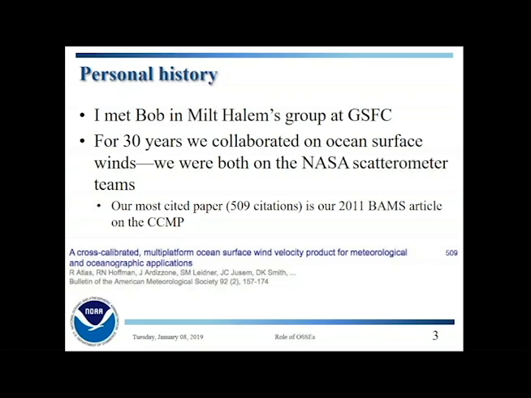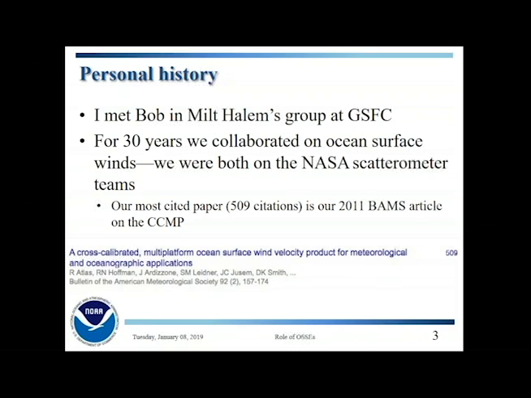My most cited paper, and I think it's Bob's most cited paper also, is this paper in 2011 BAMS, which describes our CCMP, our cross-calibrated multi-platform ocean surface wind data set.